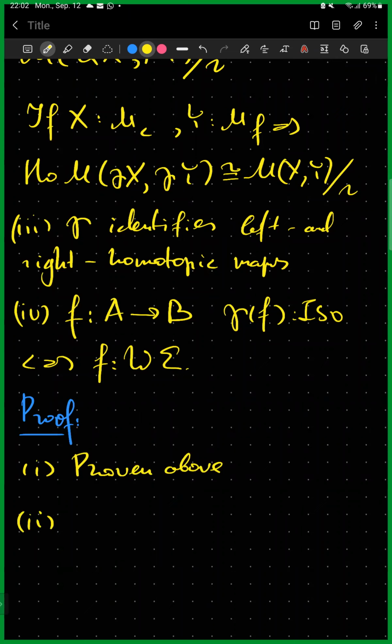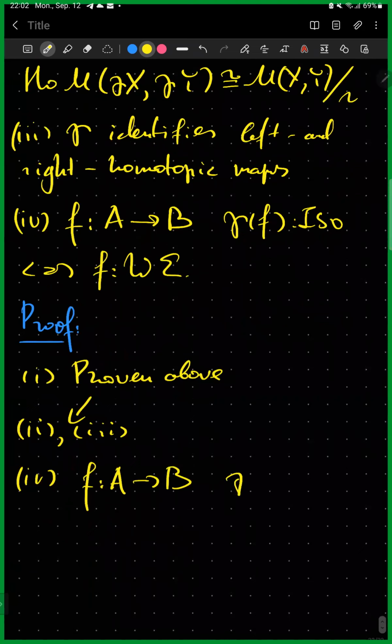The second part also was proven above. So basically, the third part too. The only non-trivial thing remaining to prove is the saturation property.